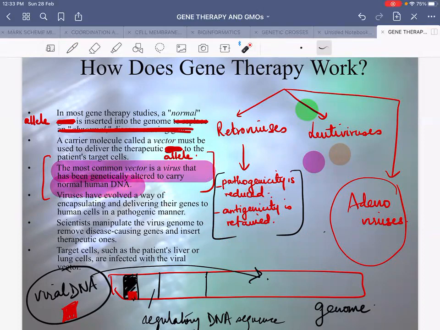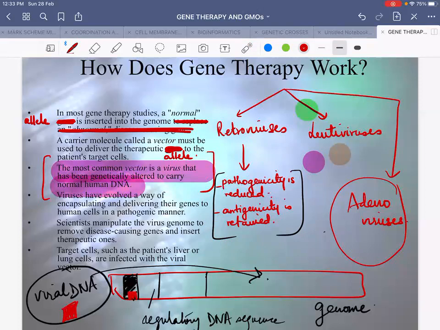It should be capable of carrying that human allele, the DNA, but it is treated in such a manner that it will not cause havoc inside the body, or it won't cause disease. But this is a very difficult thing to achieve, right? We have to keep a balance between the maintenance of the antigenicity and the reduction of the pathogenicity. So we can never eliminate the 100% possibility that the virus is not going to cause any problem, right? That risk will always remain.